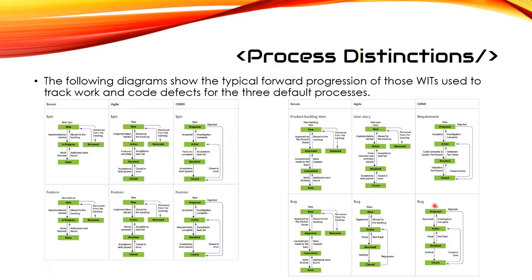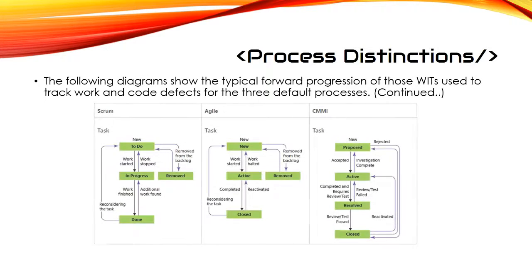I'm not going to go over all of these right here. I just want you to be aware of what these processes are and that they become more complex as you go from Scrum to Agile to CMMI. And again, I'll talk about these in detail in subsequent videos for Scrum, Agile, and CMMI.